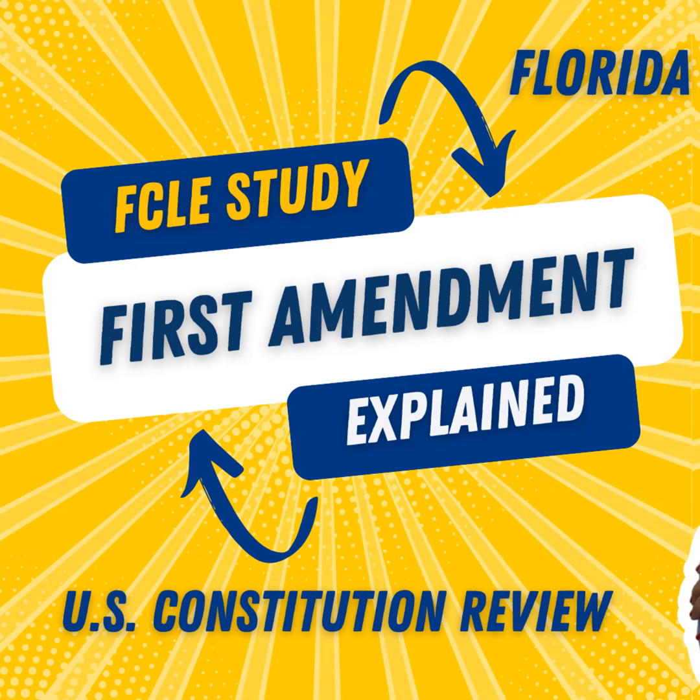What's that? This means that speech can be limited if it creates a danger that Congress has the right to prevent. This is where we get the falsely shouting fire in a theater example. But like I said, that is episode 6, and do look into that one.